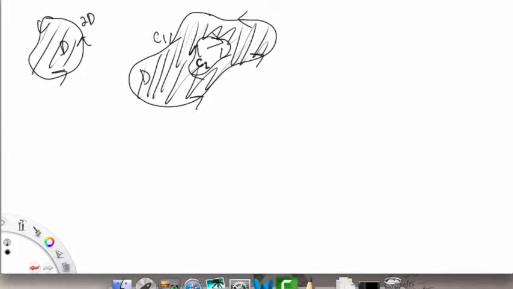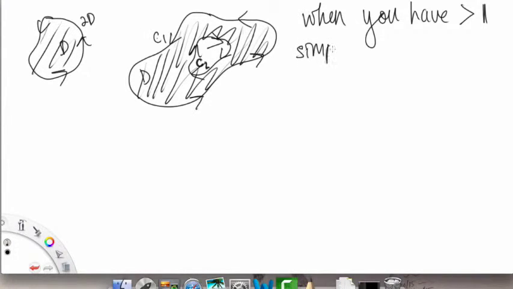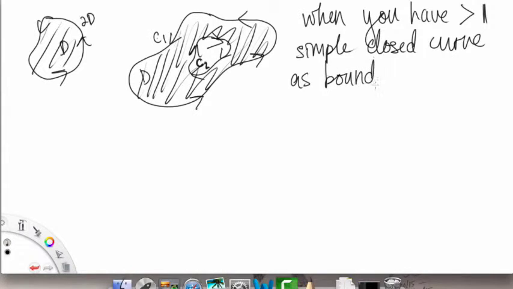So what we do in this case, when you have more than one simple closed curve as the boundary of D, this is what you'll do.